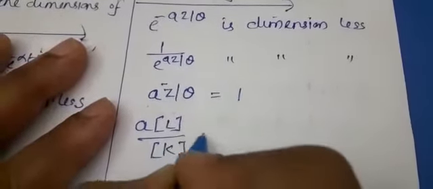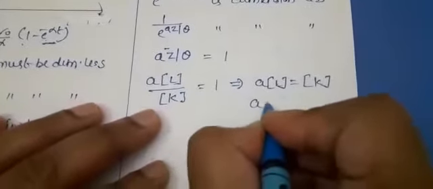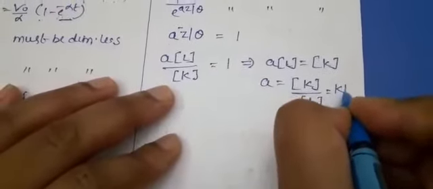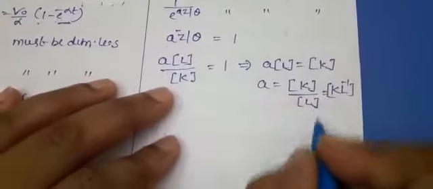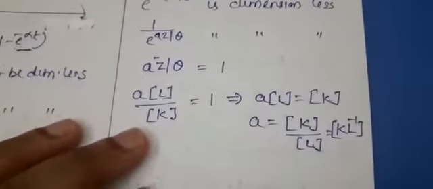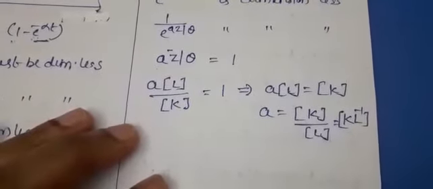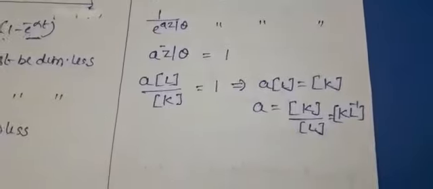See, here temperature is used for the first time in a formula. Before this, you have done it in one assignment, the formula for gas constant, where you used this K. So here the dimension formula of AL equals K. So A is K upon L, that is K L minus 1. Simply by using the fact that the exponential is dimensionless and its power should be dimensionless, you have calculated the dimension formula of A.